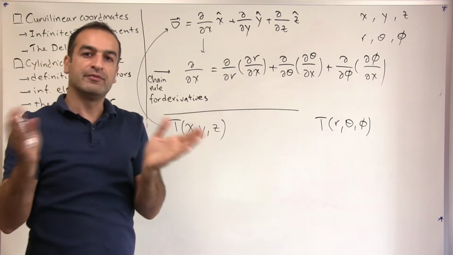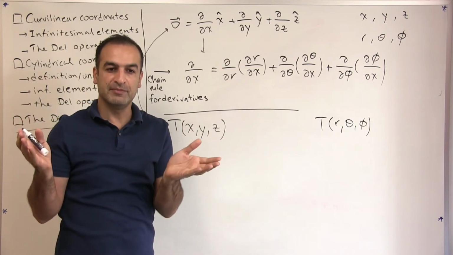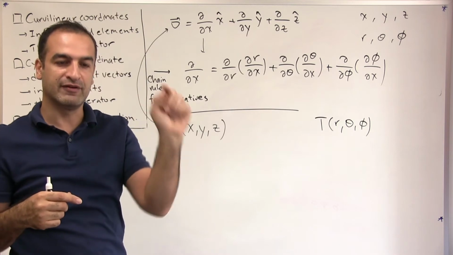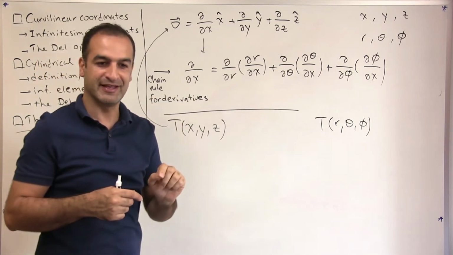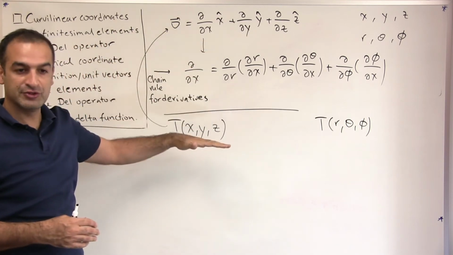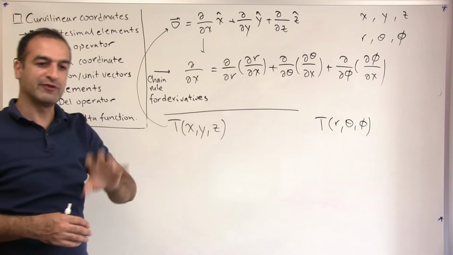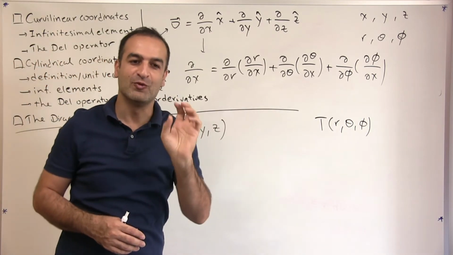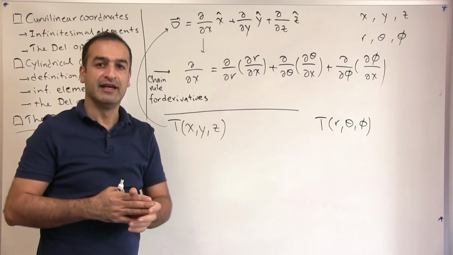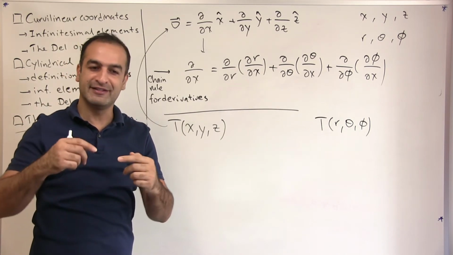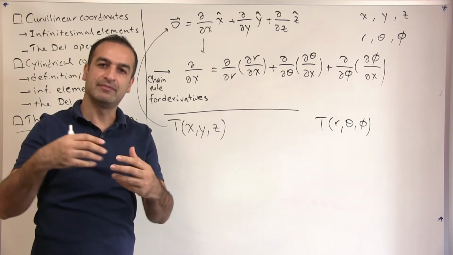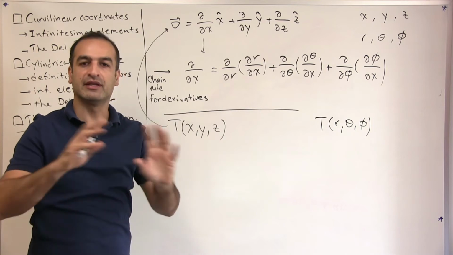The equation may not look very simple, but people do it once, and in fact, this is one of those things that you can find right on the cover of your book. It's not something you need to memorize. I'm just telling you what the approach should be to come up with those, and what I want to do next is give you what the gradient, divergence, and curl look like in spherical coordinates. And from then on, you never need to derive that. It's good to know conceptually why you need that, but then you can look at the cover of the book and you can always find it.